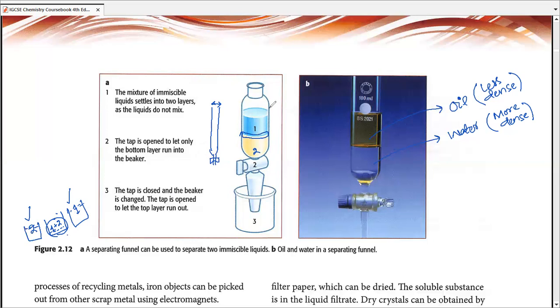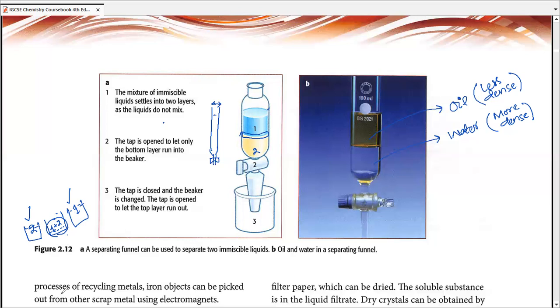So you use the thicker separating funnel in the first go, and use a thinner one in the second go. If needed, use an even thinner one in the third go, and so on and so forth. In about 2 to 3 times, you would be able to completely separate, drop by drop with patience, the whole of liquid 1 in one beaker and liquid 2 in the other one. Make sense?